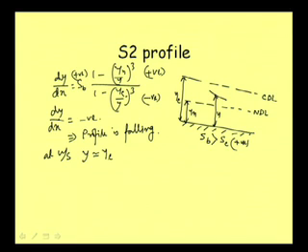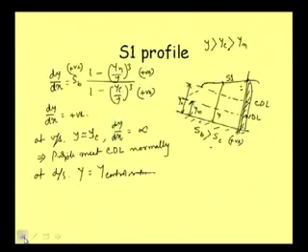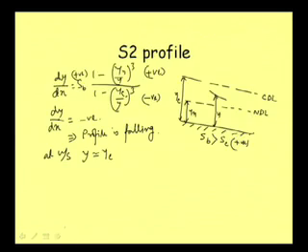When y meets yc, as we have seen several times, dy/dx is infinity. So we need not explain it anymore, because we have discussed this issue. So at y approaching yc, at upstream dy/dx is equal to infinity. So, it indicates the profile meets the CDL normally.